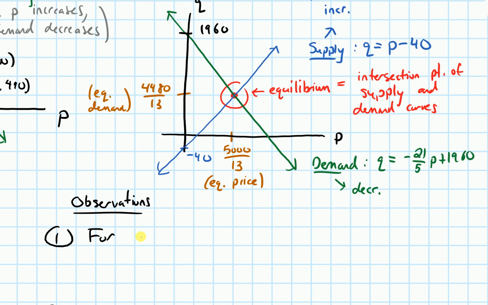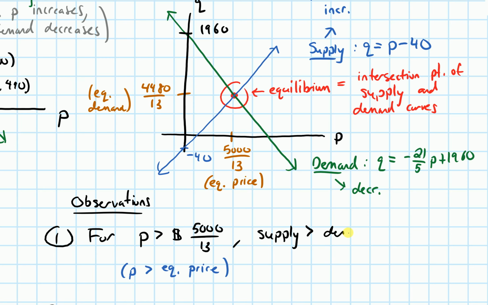So the first is, for a price that's greater than the equilibrium price, so greater than 5,000/13, in general, in terms of the graphs, the supply graph is greater than the demand graph. And we see that here.